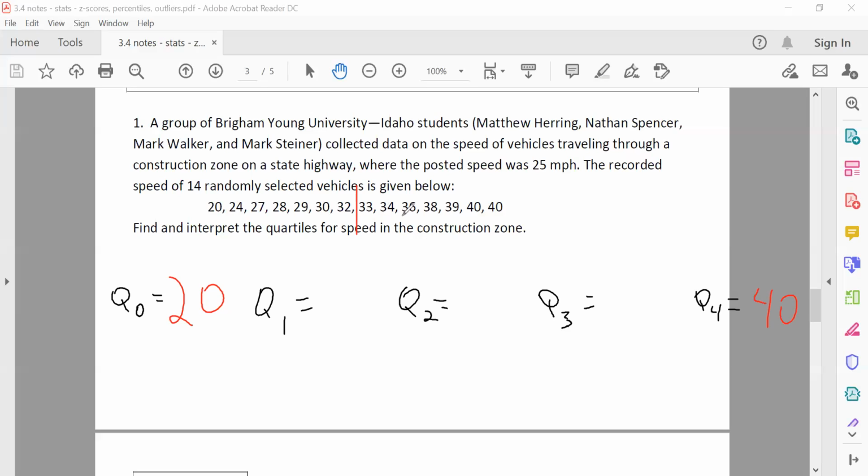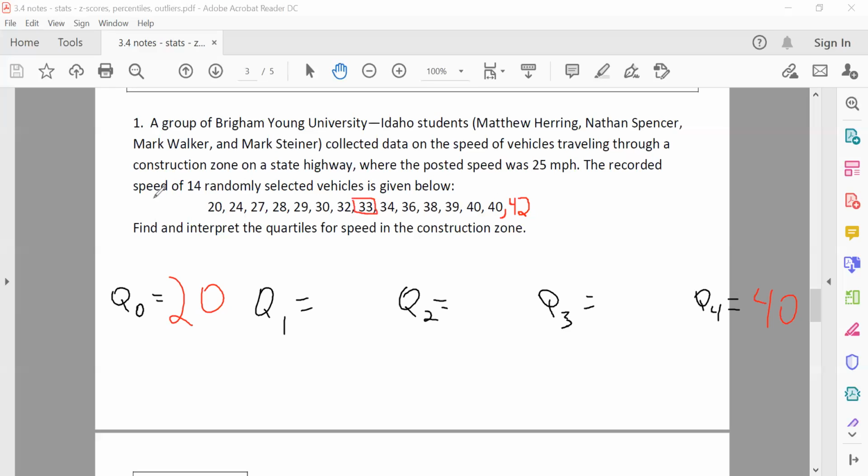Now, if you did have an odd number of data values, let's say we added a 42, Jackie Robinson's number, then there would be a data value perfectly in the middle, and it would be this 33.